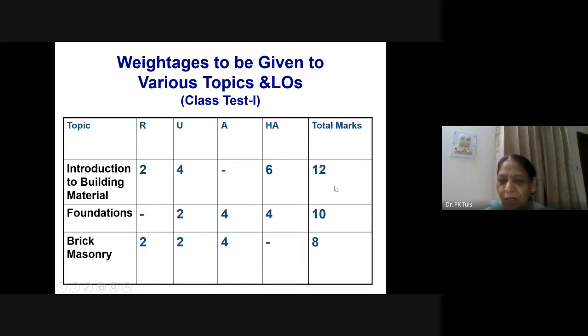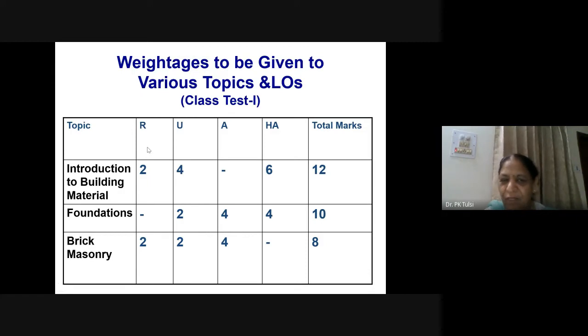Then you prepare a table of specification depending upon the learning outcomes of this particular topic, that is, how much weightage you are going to give to the learning outcomes at the remembering level, understanding level, applying level, and higher than applying. That is analyzing, evaluating, and creating, or in other words, problem solving. So 2, 4, and 6 is the kind of distribution which you have prepared.